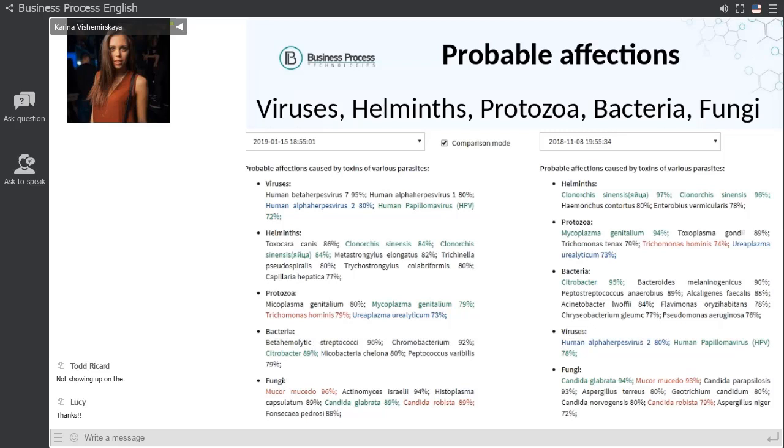So that you don't need to compare and look for different parasites and their percentage, the system marks with different colors the parasites which repeat from test to test. So in these two tests, those parasites which are marked with different colors, they repeat. So you need to pay attention to those parasites because they repeat from time to time. This is the information which we need to pay attention to.